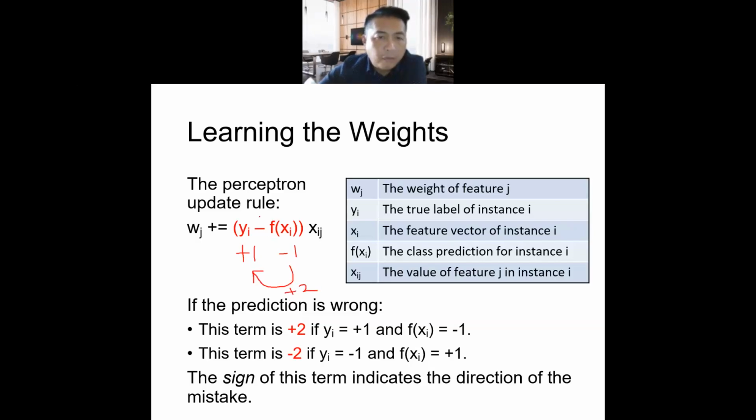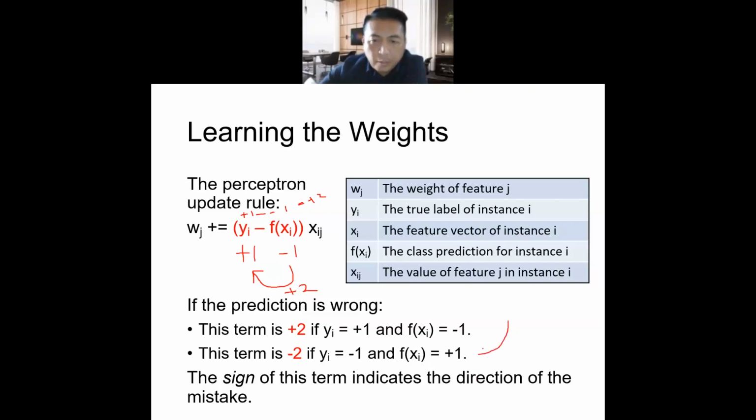If you look at the formula here, +1 minus -1, you get +2. So this will automatically add to the weightage here, and it will update by +2.